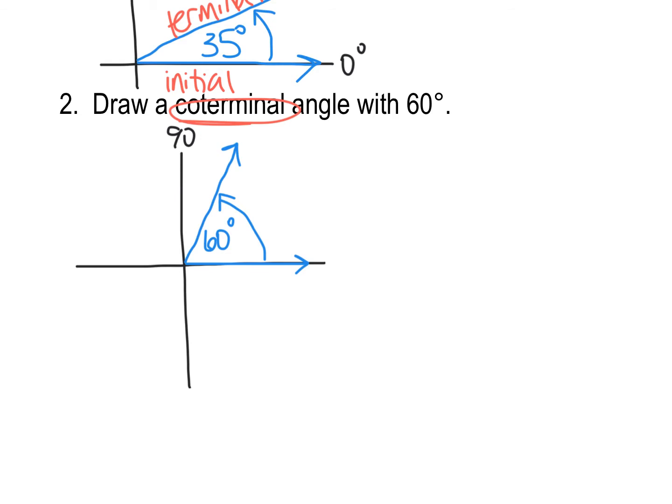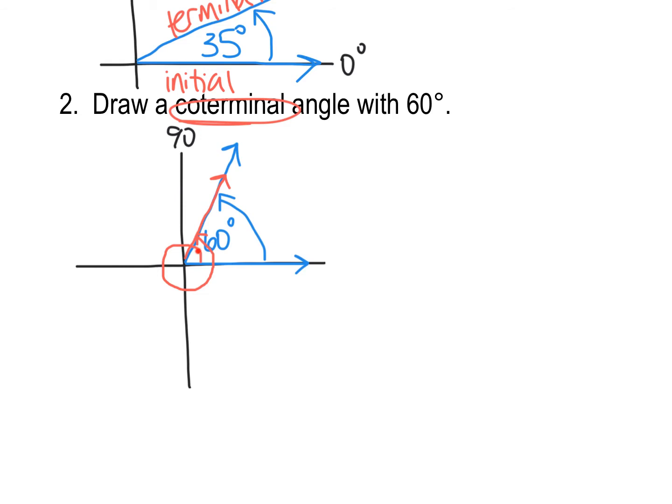And okay, so coterminal means the same exact position but differs by 360 degrees. So that means that I have to go around the circle 360 degrees and end in the same place, which is kind of weird. So starting here, going around a full circle, which is 360 degrees, and ending here. Okay, so how many degrees would that be? I did a full 360, which took me to here.